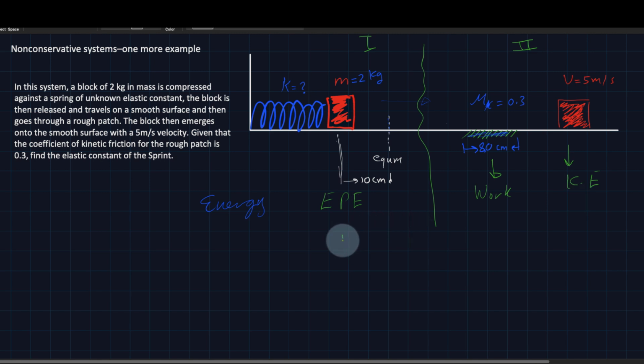So you can write this equation as this: 1/2 kx squared, because that's the elastic potential energy, is equal to work of friction plus kinetic energy left, or the left kinetic energy. That's it. That's the whole problem. If you think about it this way, you solved it.